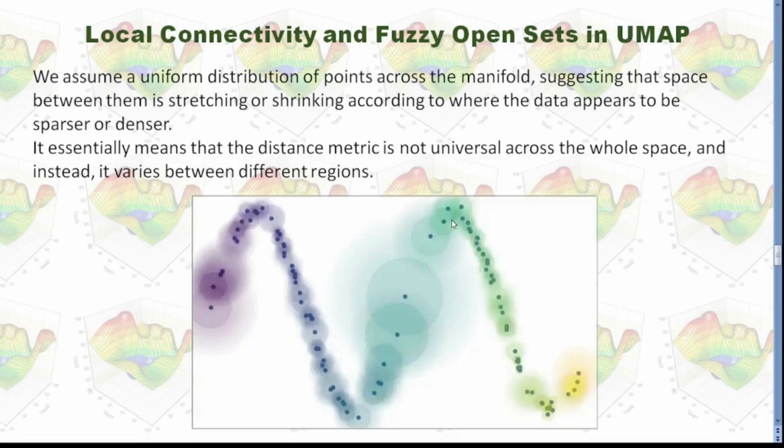But in UMAP, based on the data point where it is located, we can have this distance metric sometimes larger, sometimes smaller. So it essentially means that the distance metric is not universal across the whole space, and instead it varies between different regions.